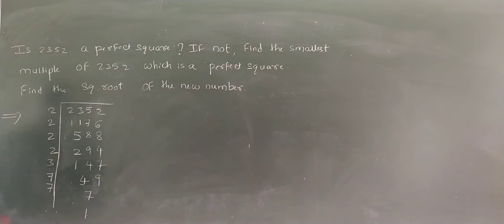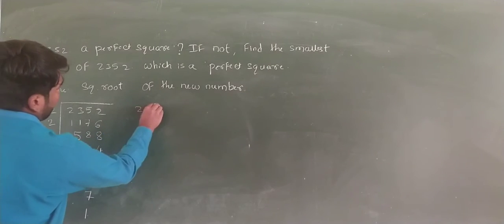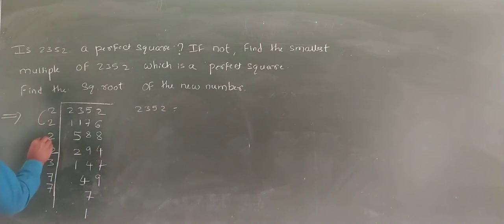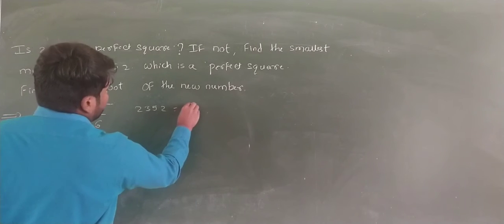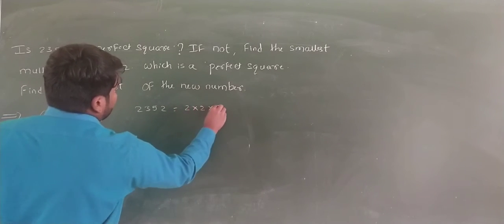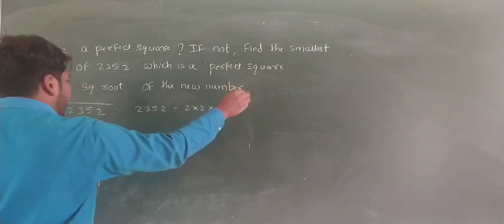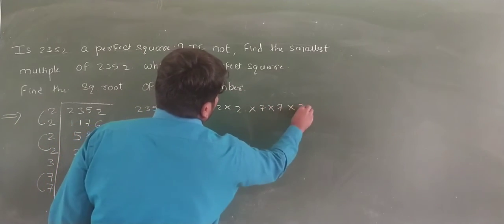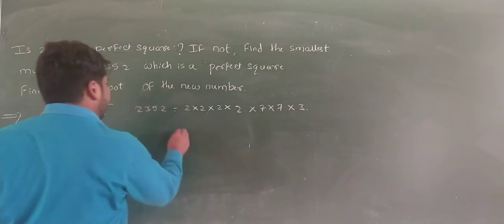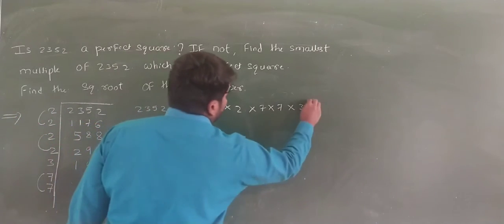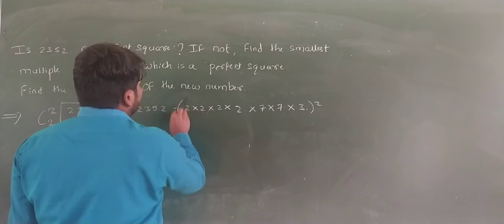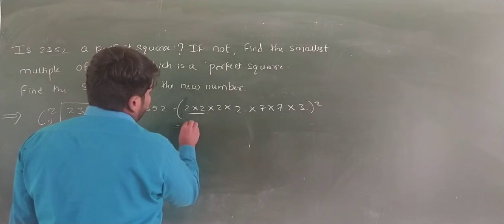Okay, so 2352 has the factors 2 into 2 into 2 into 2 into 7 into 7 into 3. So these are the factors of the whole square. Here you have 2 pairs of 2, so you can write 2.